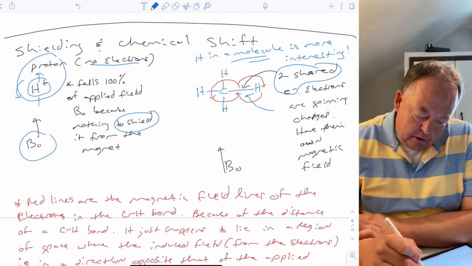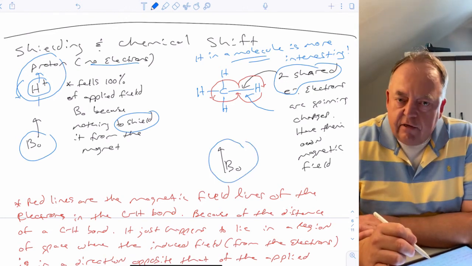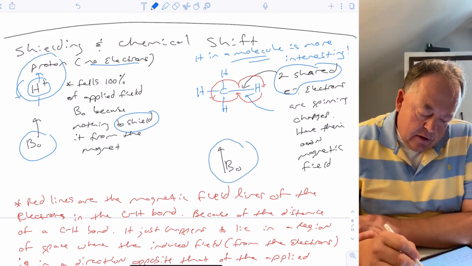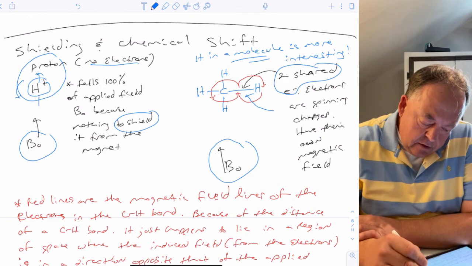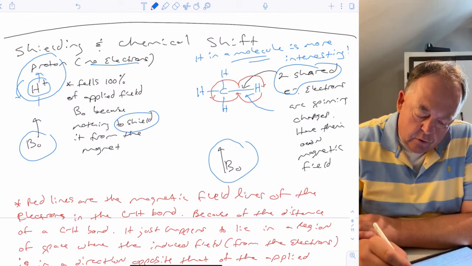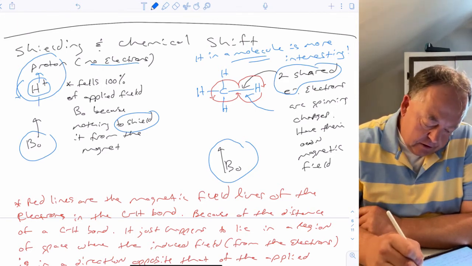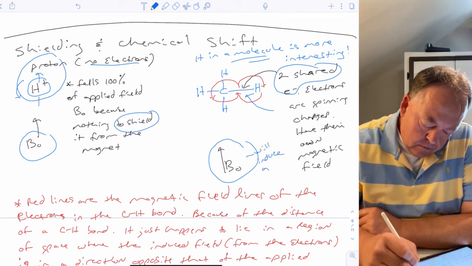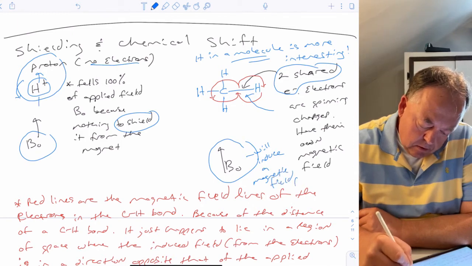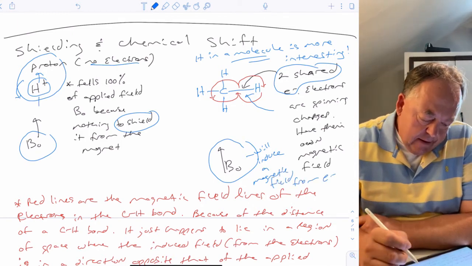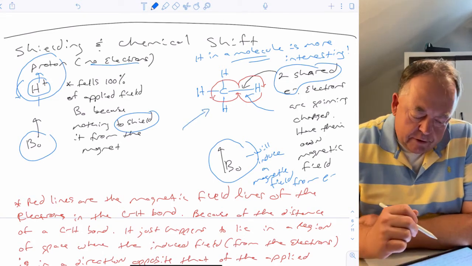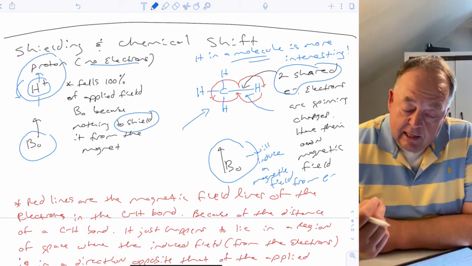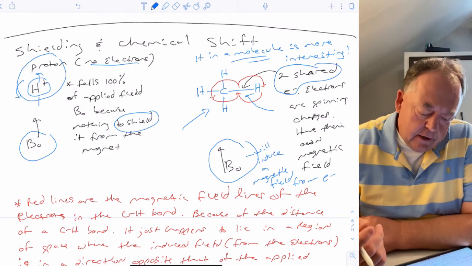And so when you put this molecule in the presence of an external magnetic field, that will induce a magnetic field from the electrons. And so these red arrows represent what the magnetic field lines for the electrons in the CH bond look like.